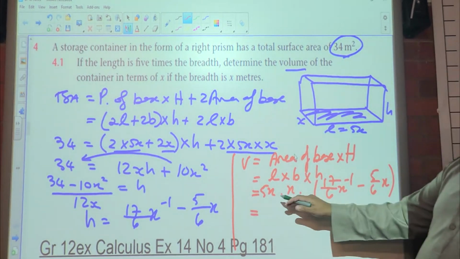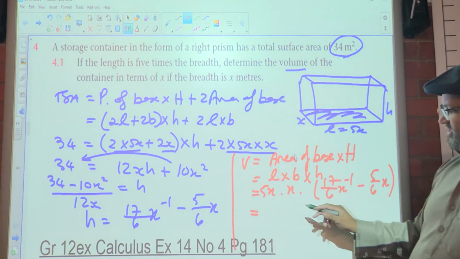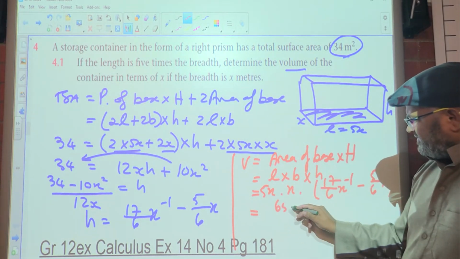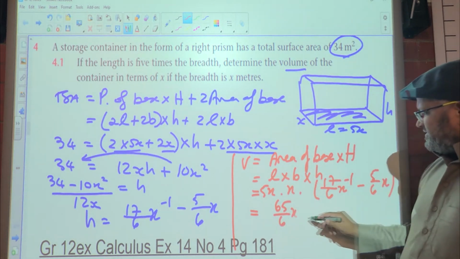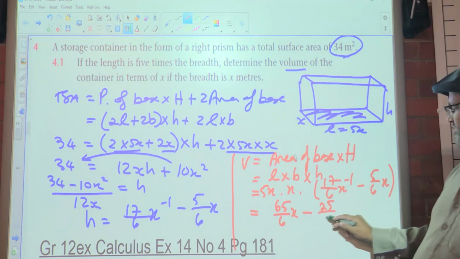Okay, so this of course will be 5x squared. Multiply that in. So 5 times 17 is 65. Let's check there. 65 over 6 x minus 25 over 6 x cubed.